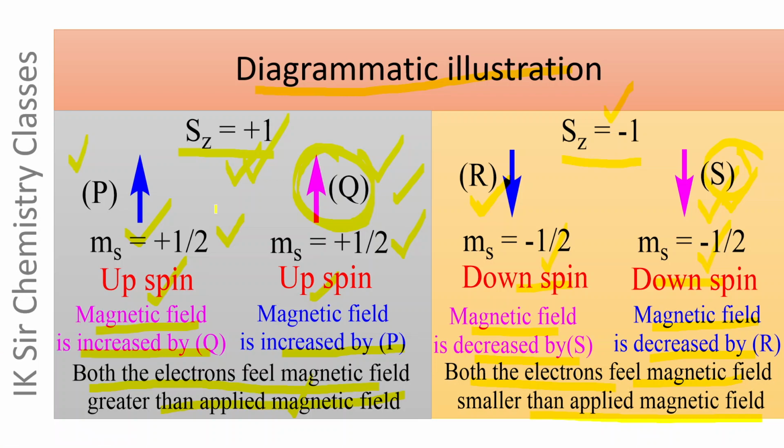Both the electrons in the Sz equals plus 1 state experience a magnetic field greater than the applied magnetic field, while in the Sz equals minus 1 state both the electrons experience a magnetic field smaller than the applied magnetic field.